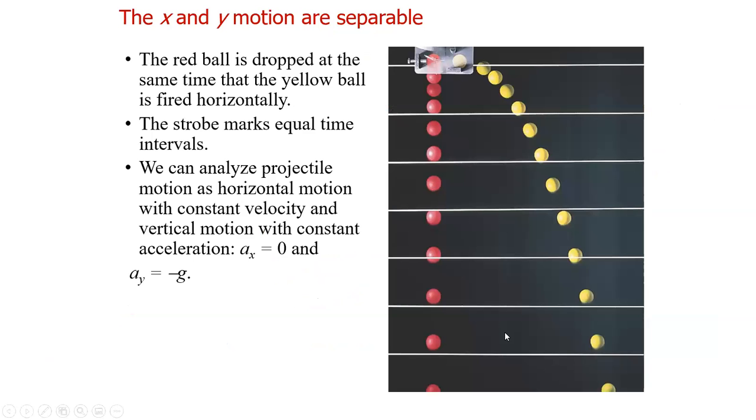So now let's look at this one. The motion of the red ball we talked about last time, because something is moving under gravitational acceleration, vertically upward or downward. We did many problems, remember? Now this red ball shows the motion when you drop something from a certain height.